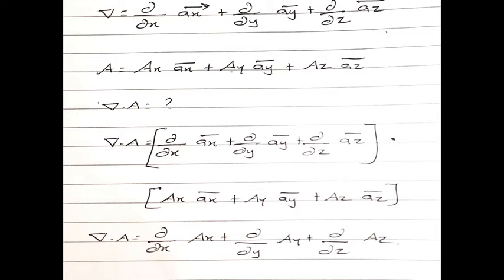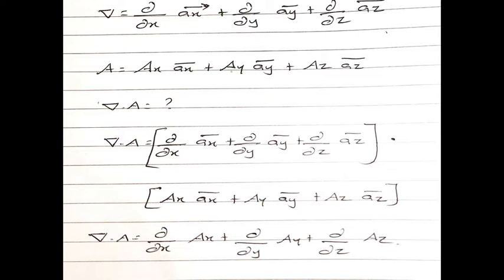From this, del dot A is equal to dou by dou x ax vector plus dou by dou y ay vector plus dou by dou z az vector, into Ax ax vector plus Ay ay vector plus Az az vector. Since del dot A has a dot function, we have to multiply both the equations according to the vectors.